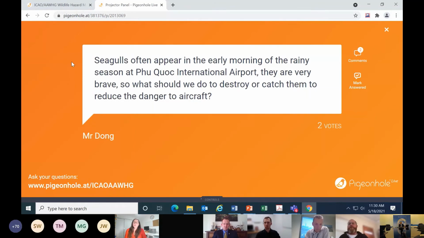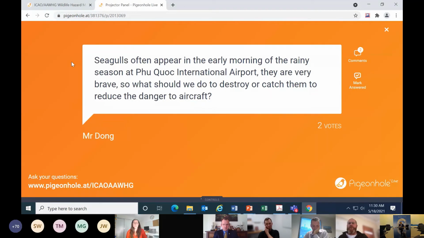So I can only speak to the seagulls that we have here in Australia, not the ones that you have in Vietnam, but I would assume that their behaviour and ecology is quite similar. If they're arriving early morning, the first thing we would recommend is that you have your safety team, your wildlife controllers, out as they're arriving for the day to disperse.